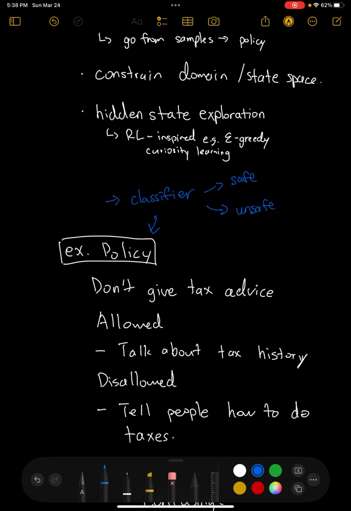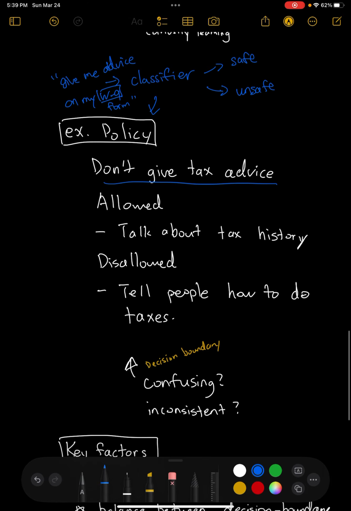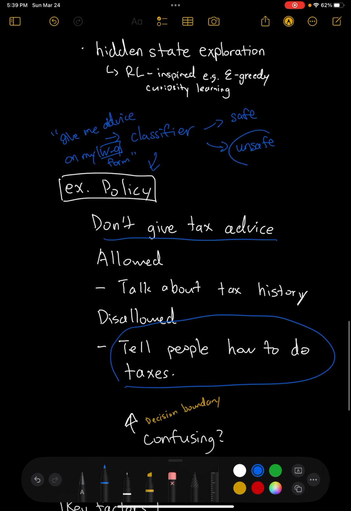So for example, the prompt can be, give me advice on my W-9 form. And this W-9 form is a tax form in the United States. And so in this case, based on this example policy, which says don't give tax advice, and this allows tell people how to do taxes, it should output unsafe, right?